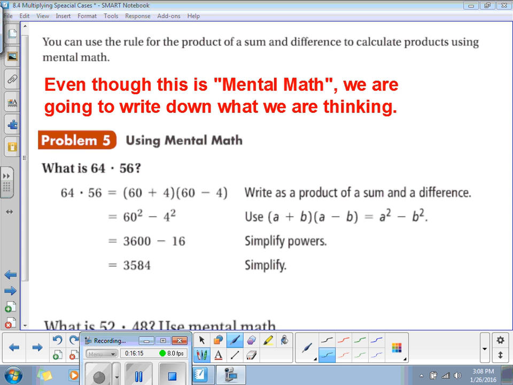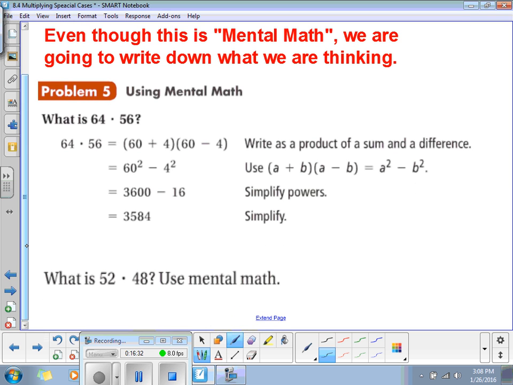All right. So here you can use the rule for the product of a sum and a difference to calculate products using mental math also. And again, remember, even though it says mental math, we're going to write down what we're thinking, okay? So here is the example, 64 times 56. Well, 64 is 60 plus 4, and 56 is 60 minus 4. When you do this one, your A's have to be the same, your B's have to be the same. And one has to be plus, and one has to be minus.